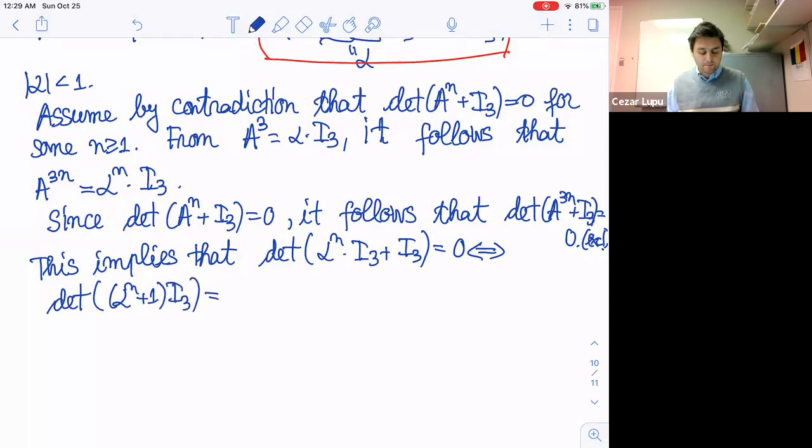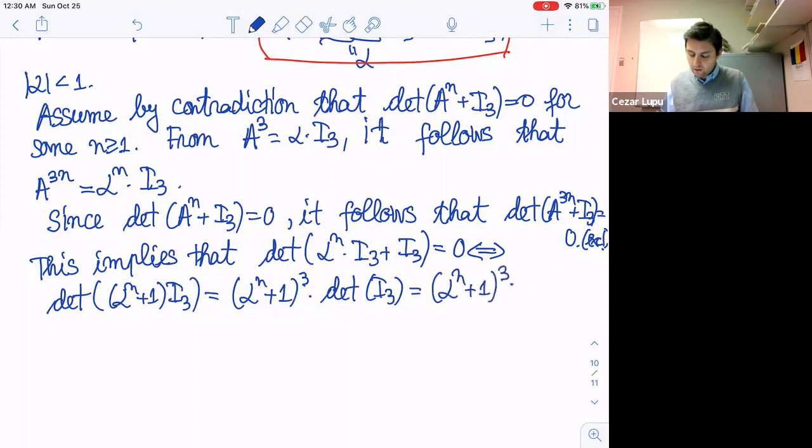This is a constant, it's a 3 by 3, so it's alpha to the n plus 1 cubed times the determinant of the identity, which is nothing else than just alpha to the n plus 1 everything cubed. This will be 0.